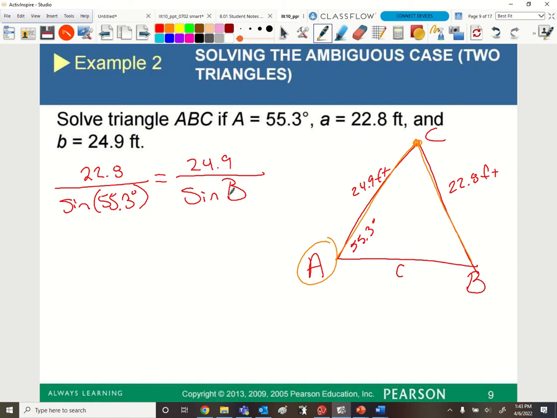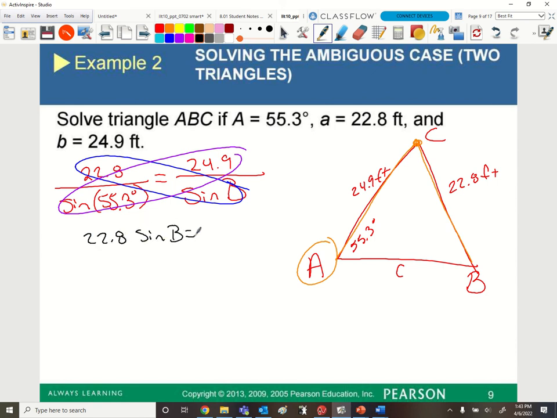So, do your cross products. Cross products this way, cross products this way, and we get 22.8 times the sine of big B is equal to 24.9 times the sine of 55.3 degrees.